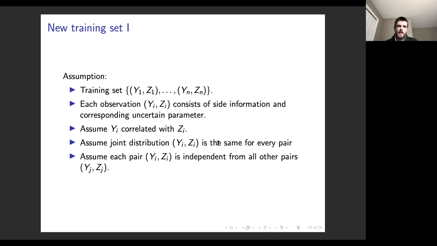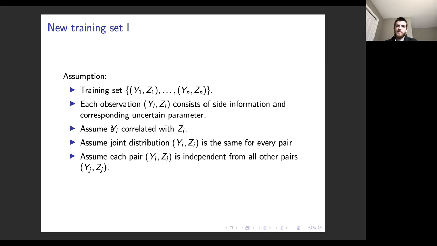Okay. So we're still going to assume that we have a training set, but now our training set is going to consist of pairs of values. Instead of just having n values, we're going to have n pairs of values, and each pair is going to consist of an observation of the side information and a corresponding observation of the uncertain parameter. So in a vehicle routing example, your side information could be that the weather forecast was such and such, and the uncertain parameter is that my travel time across these roads was these values.